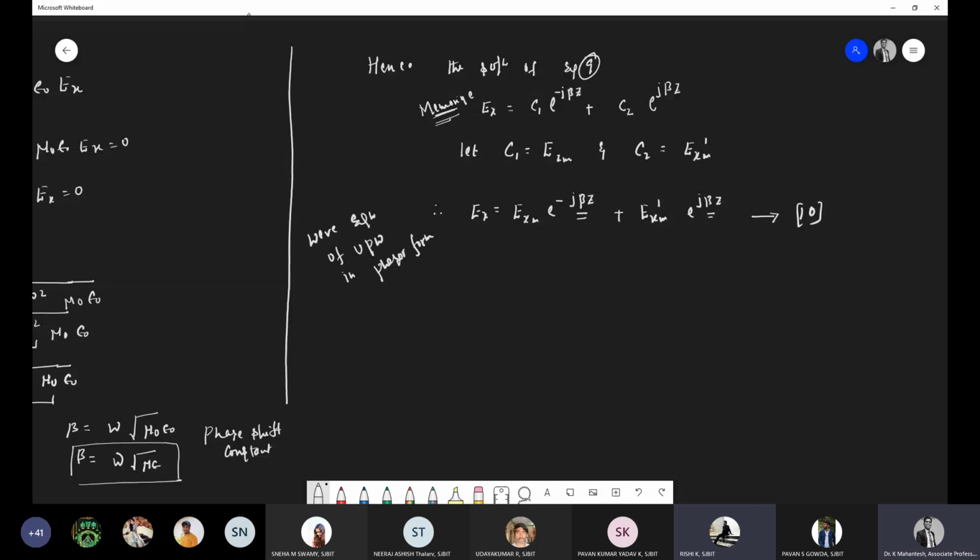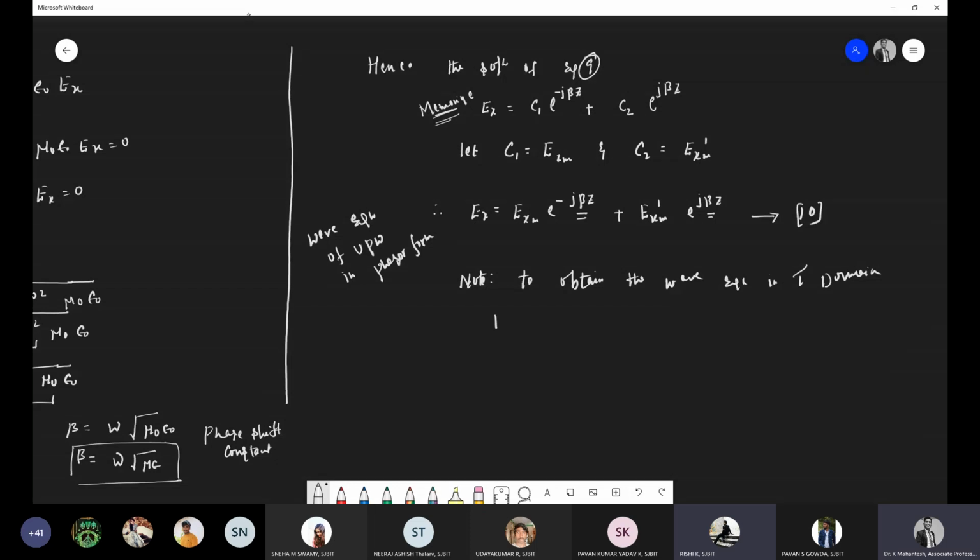To obtain the wave equation in time domain, remember, note: to obtain the wave equation in time domain, multiply the phasor form with e power j omega t.